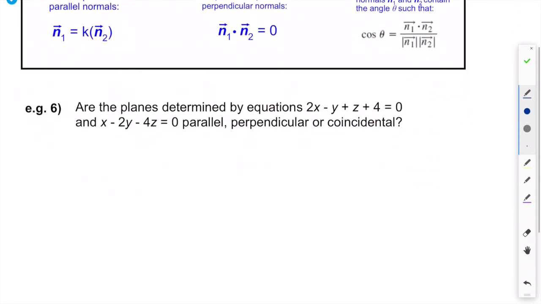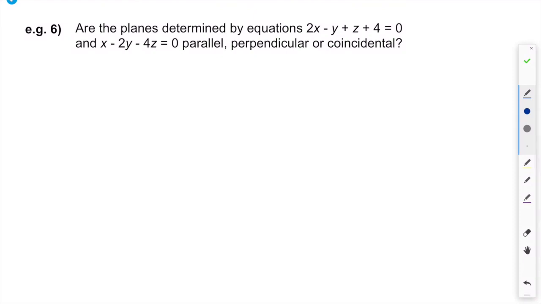So in example 6, we will be comparing the planes 2x minus y plus z plus 4 equals 0 and x minus 2y minus 4z equals 0. Are these parallel, perpendicular, or coincidental planes? Okay, so let's list n1 by listing out the coefficients of x, y, and z of the first plane, and n2, the normal of the second plane, is (1, -2, -4).